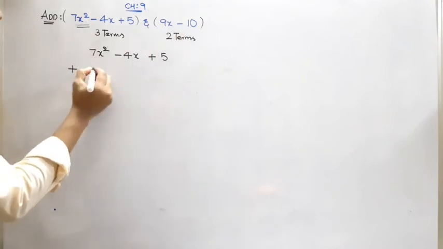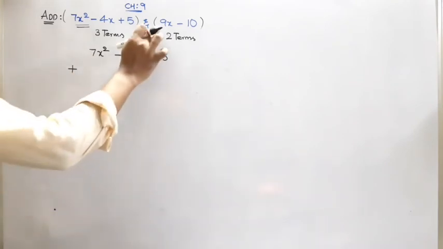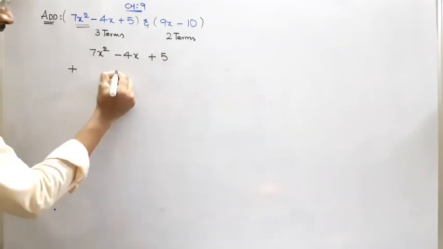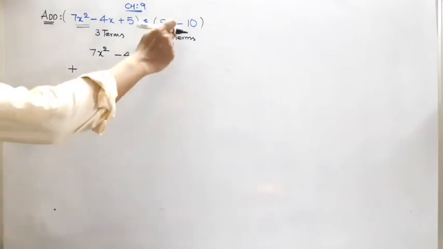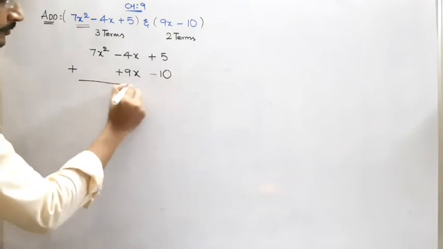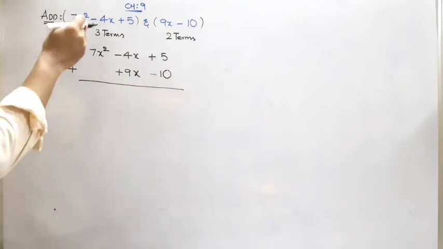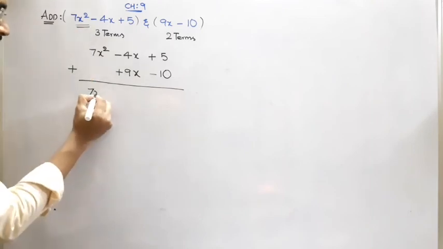So if you want, you can write it as 0, or you can leave it as a space. So 9x, if there is no symbol, what will we take? Plus 9x. And here minus 10. As 7x square is not having a term to add, directly bring 7x square.